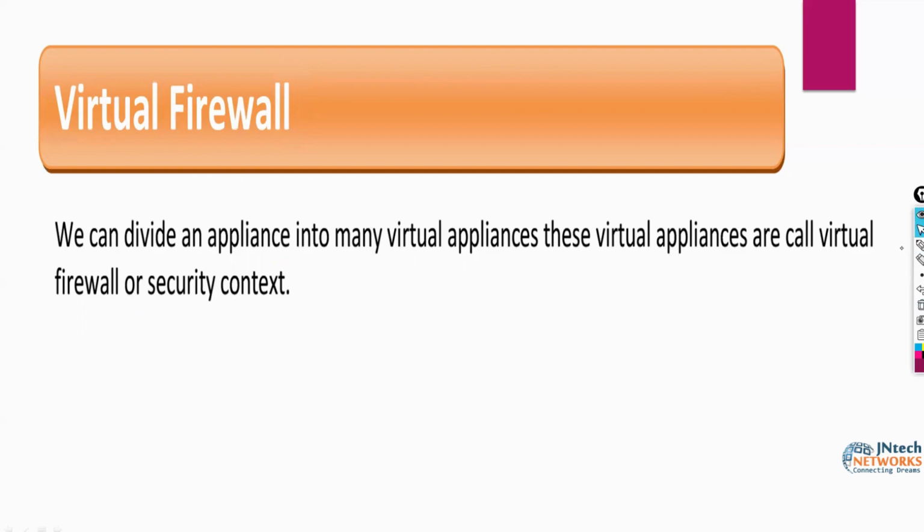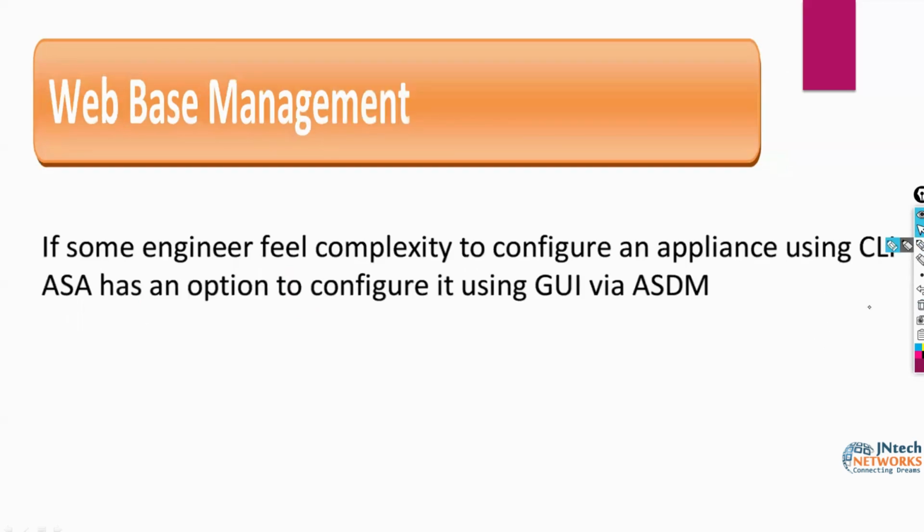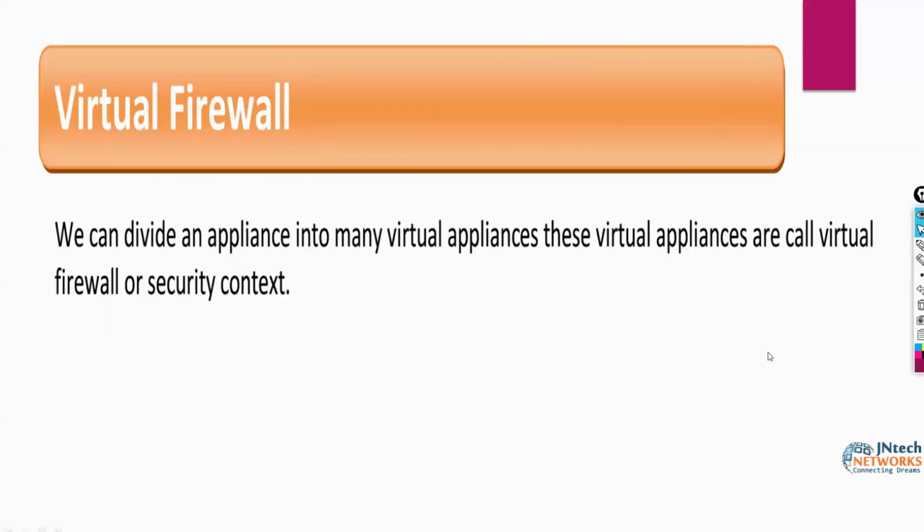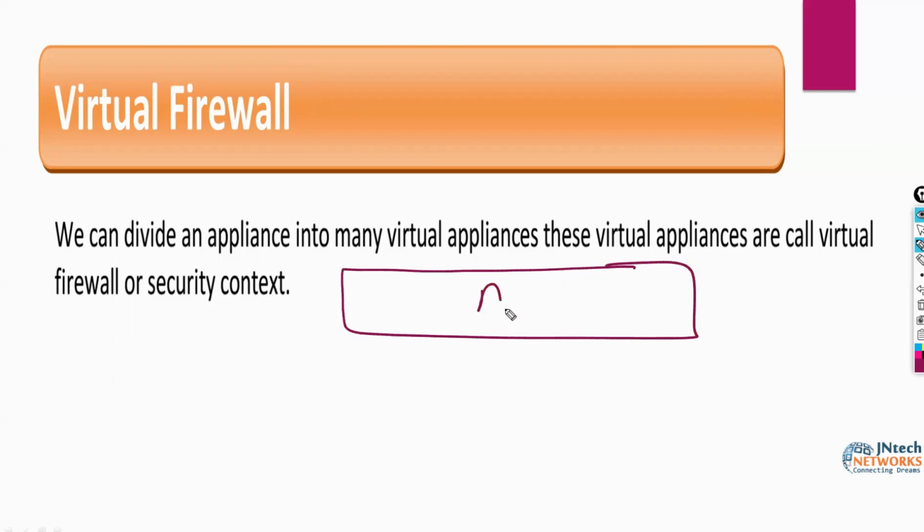Can I say that they are different VLANs kind of thing? Yes. On the LAN side, we have different VLANs, and in every VLAN we have a different subnet. You can say different departments. For example, here we have a Cisco ASA firewall connected with a switch.